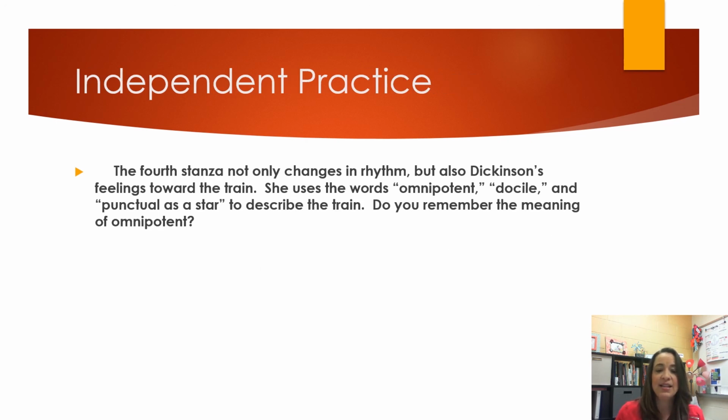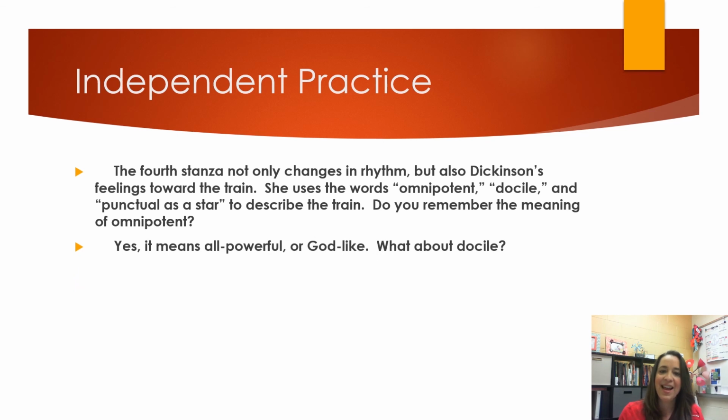The fourth stanza not only changes in rhythm, but also Dickinson's feelings toward the train. She uses the words omnipotent, docile, and punctual as a star to describe the train. Do you remember the meaning of omnipotent? Yes, it means all-powerful or godlike. What about docile?